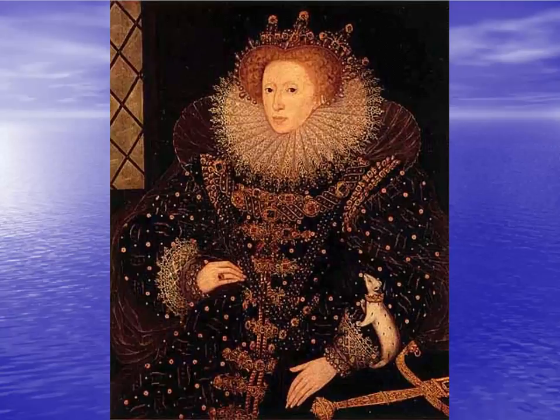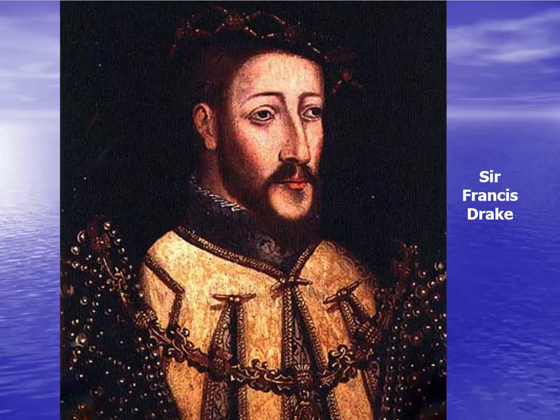So while this is all going on, though, her sea dogs, led by, in particular, this man here, Sir Francis Drake, were attacking Spanish ships coming from the Americas. Supposedly, Elizabeth knew nothing about it, and Elizabeth was like, no, this is so wrong, Spain, I'm so sorry that these pirates are attacking your ships.